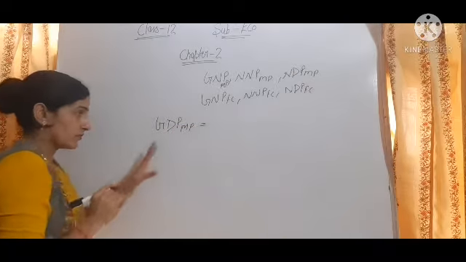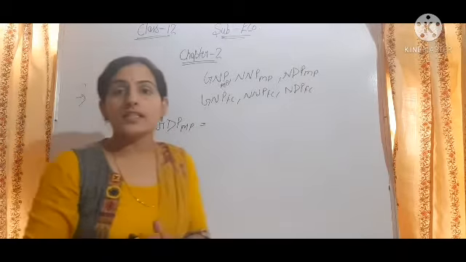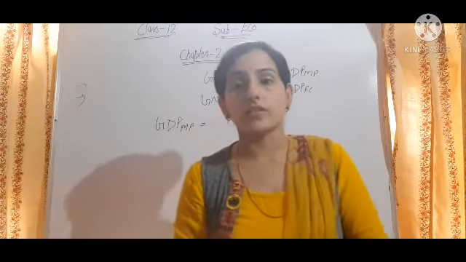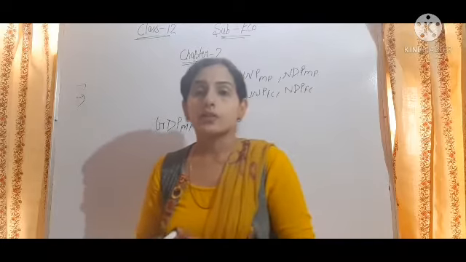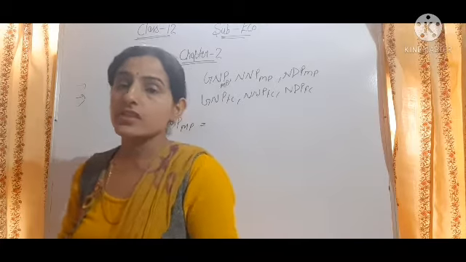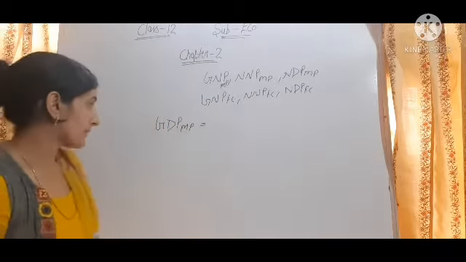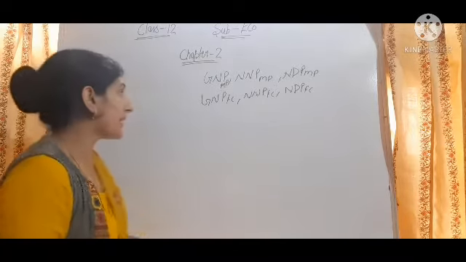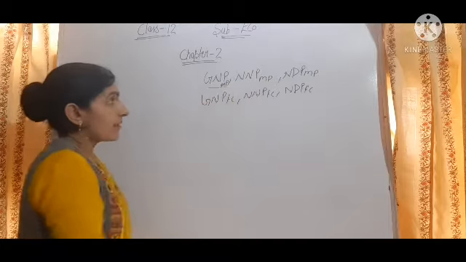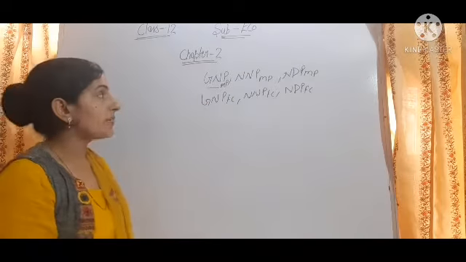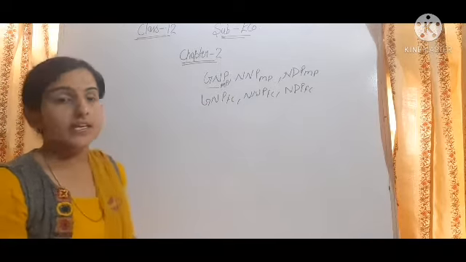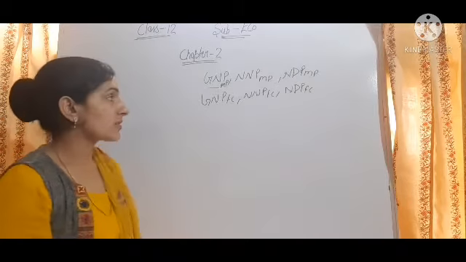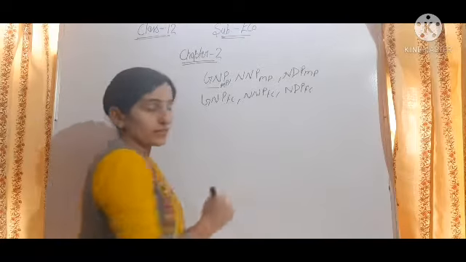So what is GDP? It is the sum total of final value of goods and services produced within the domestic territory of a country in an accounting year. So we will discuss how we can make GNP at market price, NNP at market price, NDP at market price, GNP at factor cost, NNP at factor cost, and NDP at factor cost.